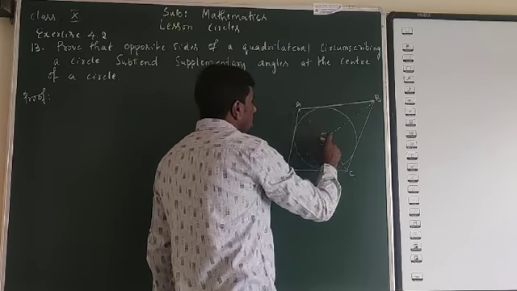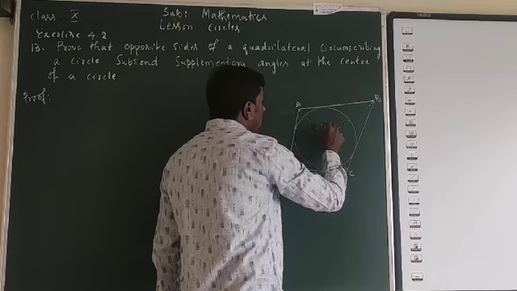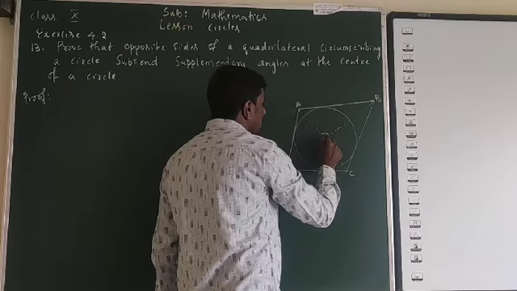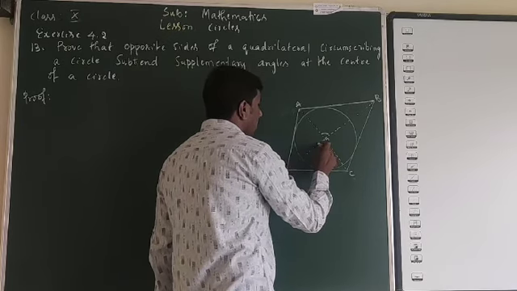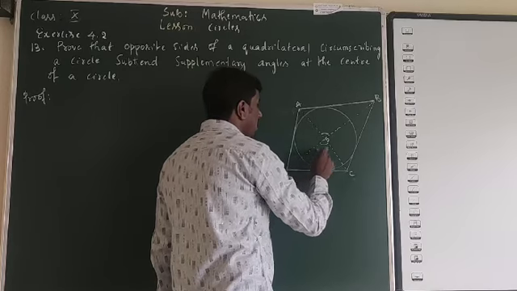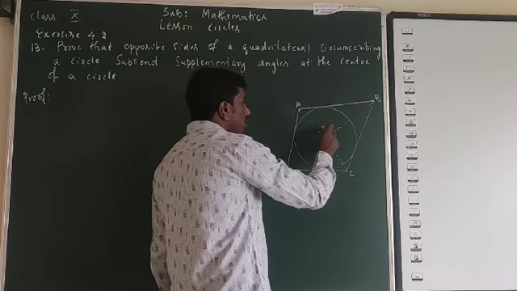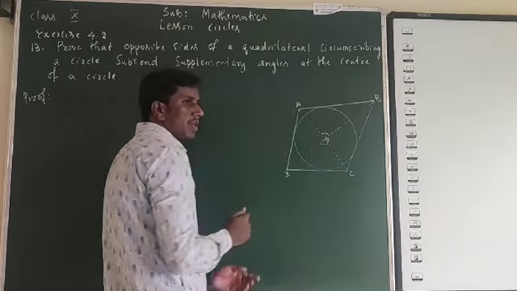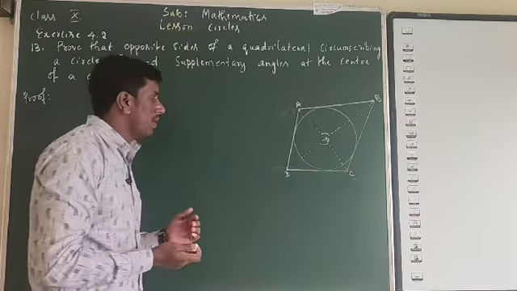That means this is the angle formed by this side at the center, and this is the angle formed by the other side at the center. We need to prove that these two angles are supplementary. How to prove that?